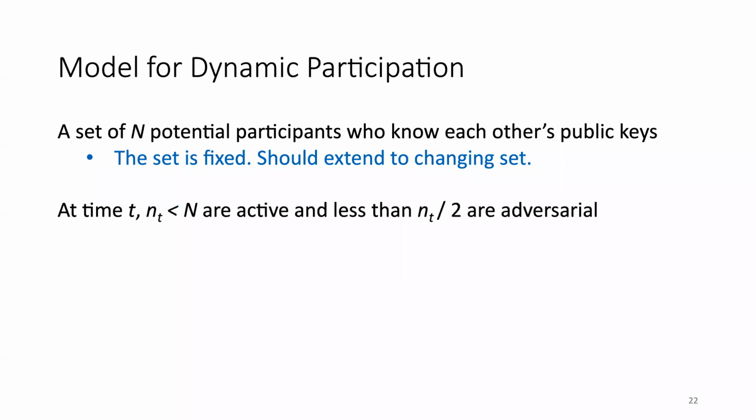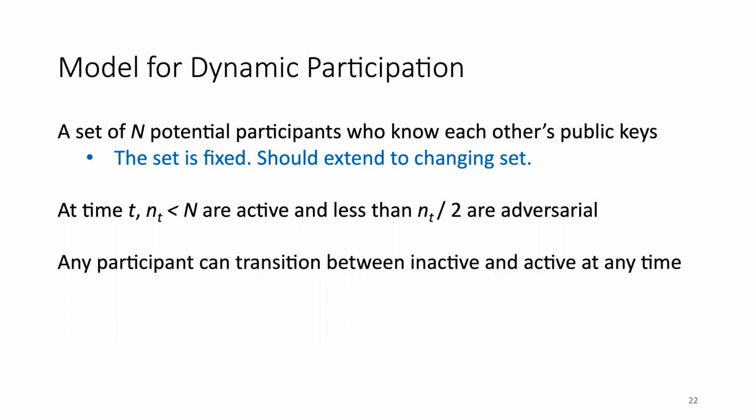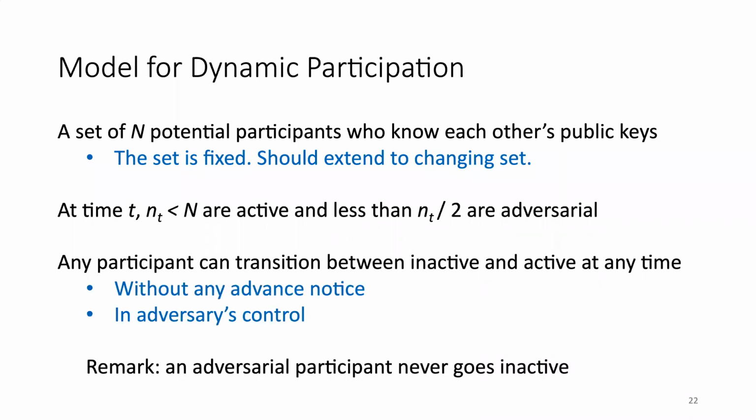At time t, we assume only a small n sub t number of participants are active. Among the active nodes, more than half of them are honest, and less than half of them are adversarial. These are pretty standard, reasonable assumptions. And we assume any participant can transition between inactive and active at any time, without any advance notice, and also in the adversary's control.